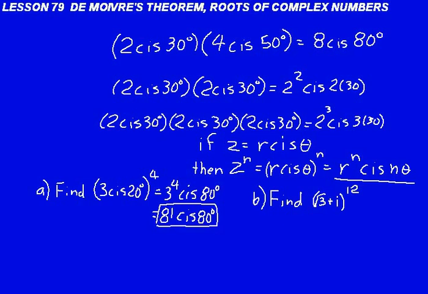So first of all, let's just think about how to write this in polar coordinates. Let's write a Cartesian coordinate system. Think about where we are. We go the square root of 3 to the right, and then plus i. That would give us a 30-degree angle, right?